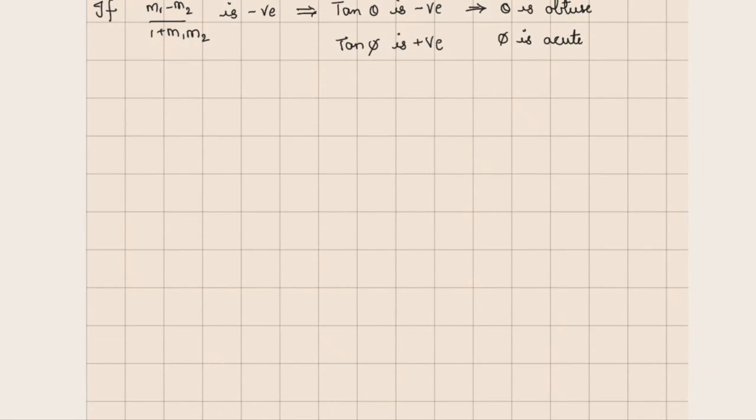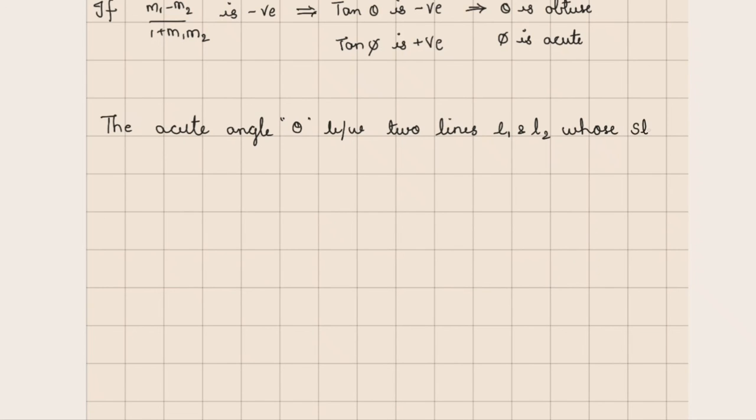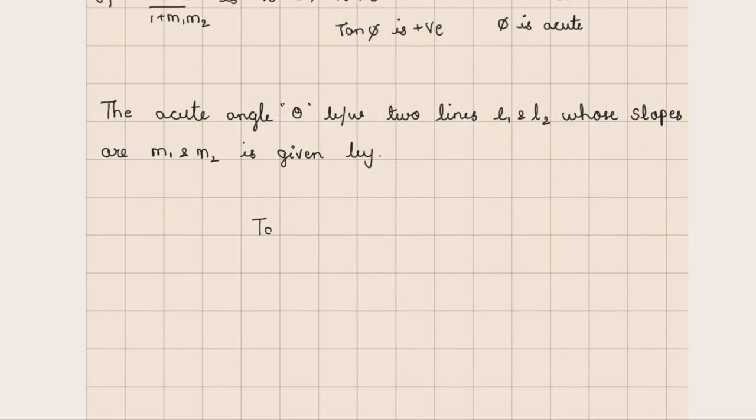To generalize these two cases, we can say the acute angle theta between two lines L1 and L2 whose slopes are m1 and m2 is given by this equation: tan theta equals modulus of m1 minus m2 by 1 plus m1 into m2.